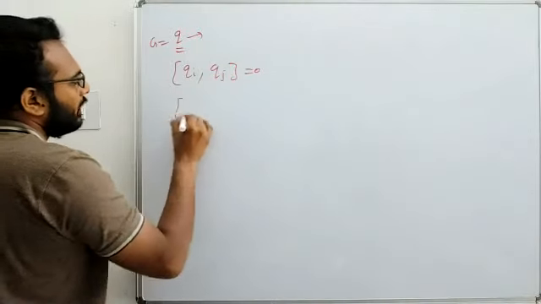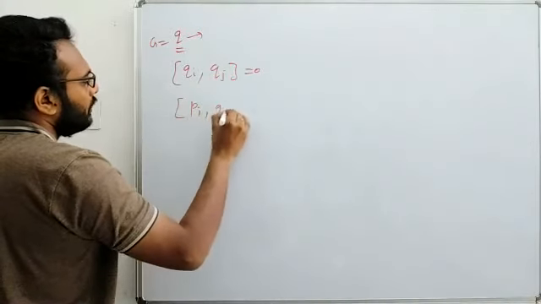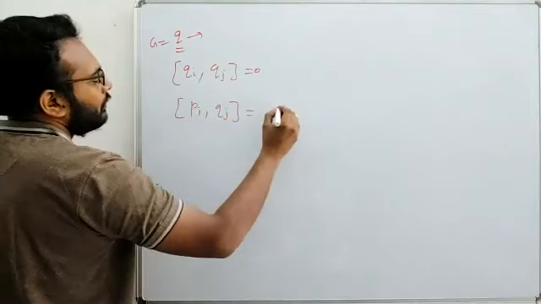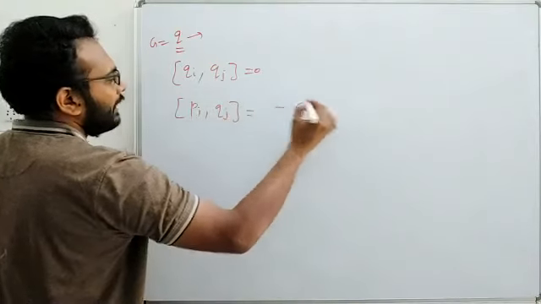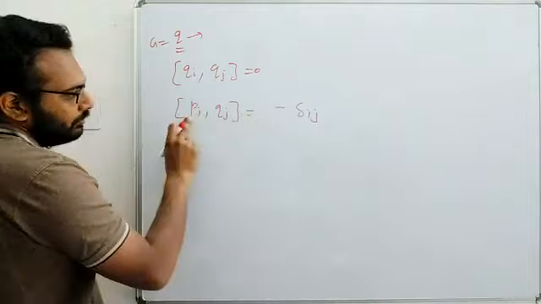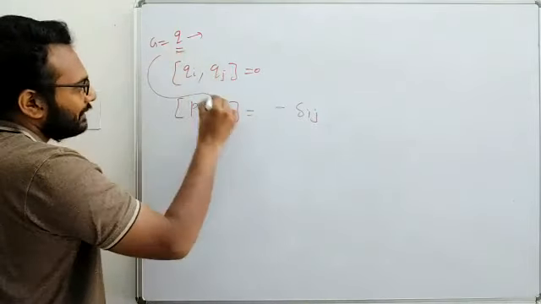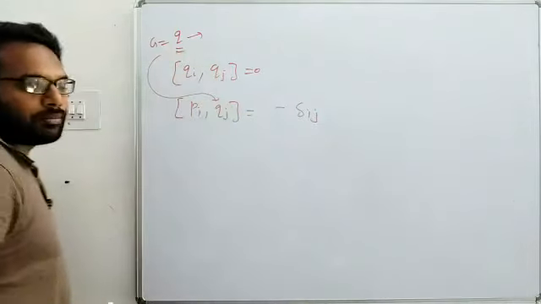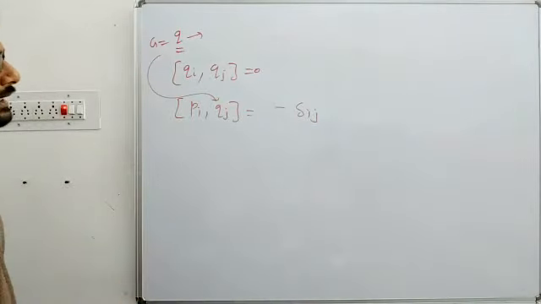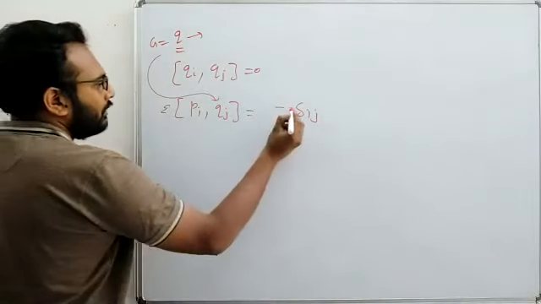All right. What about momentum? Pi with Qj. You see that this is equal to minus delta ij. All right. So it changes the momentum. If you take coordinates as the generator, it changes only the corresponding momentum, because they are conjugate to each other. So if you have an epsilon, you'll have an epsilon there.